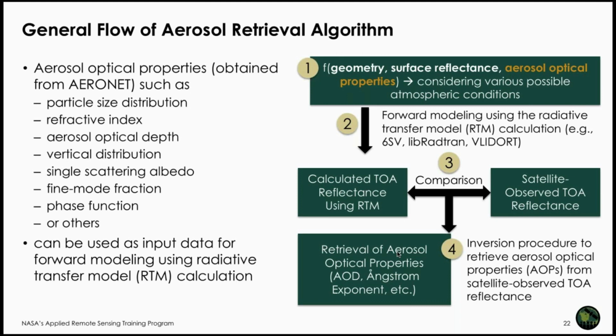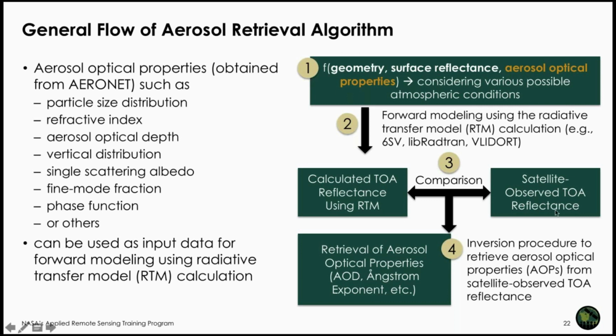So we can consider various available atmospheric conditions such as particle size distribution, refractive index, and also the possible top of atmospheric reflectance or radiance can be calculated using the radiative transfer model.